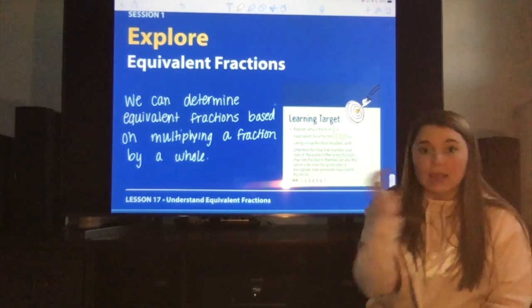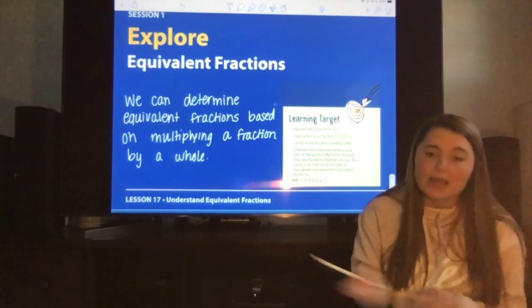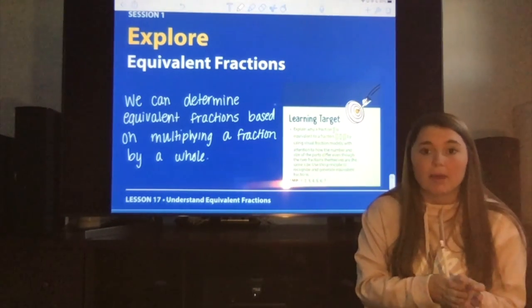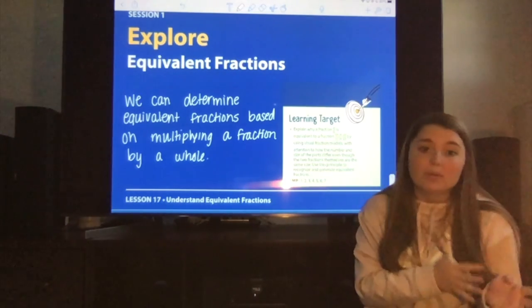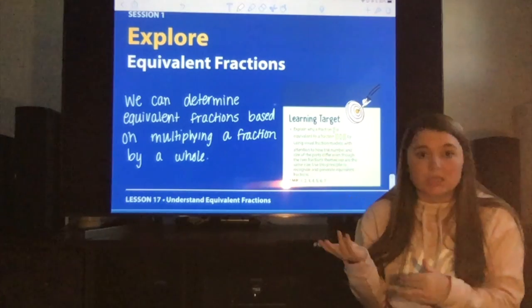And why, again, might sound a little complicated. As we get through this lesson, you guys will have a better understanding of how we can determine if a fraction is equivalent to another fraction because we will be multiplying it by a whole.